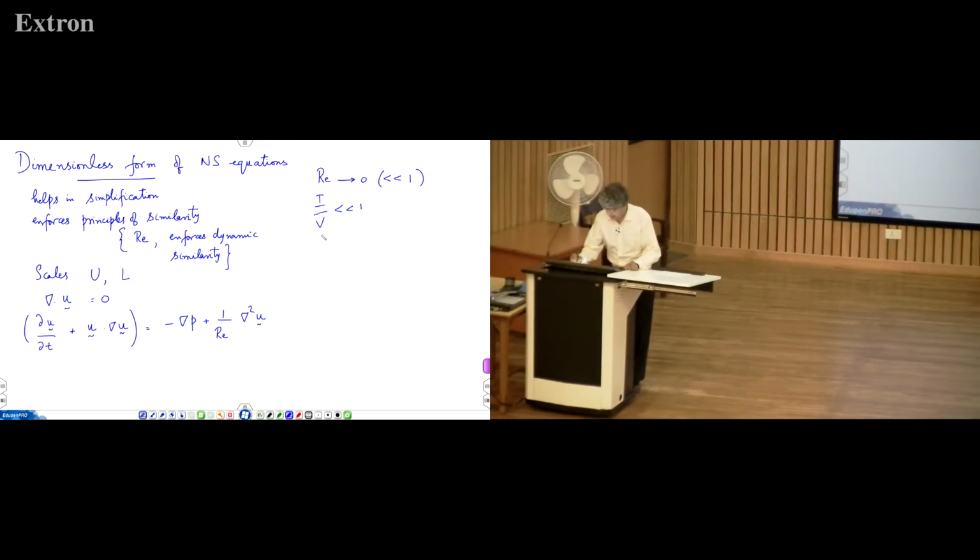So, then the system of equations, minus gradient of P, this system is called Stokes equations.